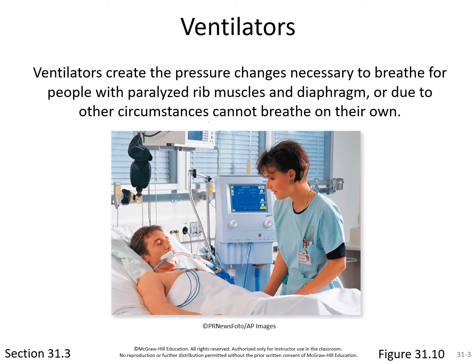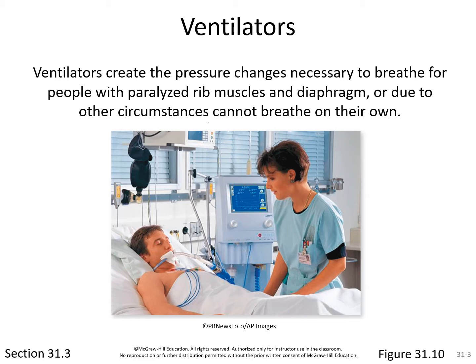Okay, so if somebody is unable to breathe on their own, if they've got paralyzed rib muscles, or problems with their diaphragm, or if the lungs fill up with fluid or with scar tissue, this is when ventilators become necessary. Lungs filling with fluid is a particular problem of severe cases of COVID-19.